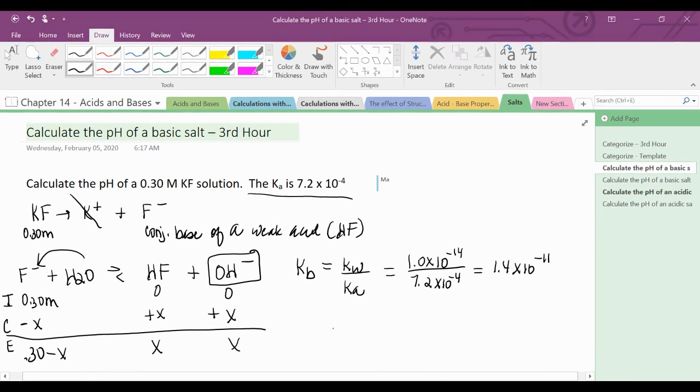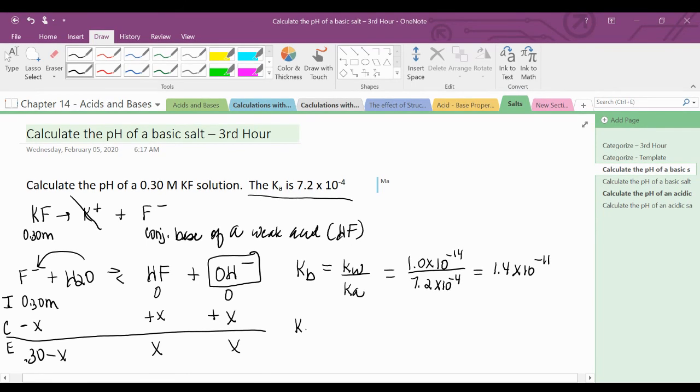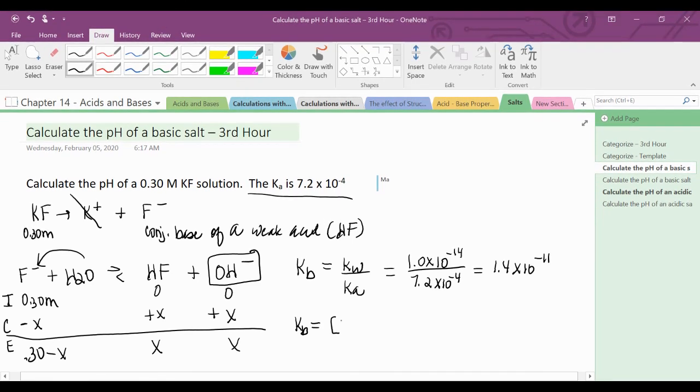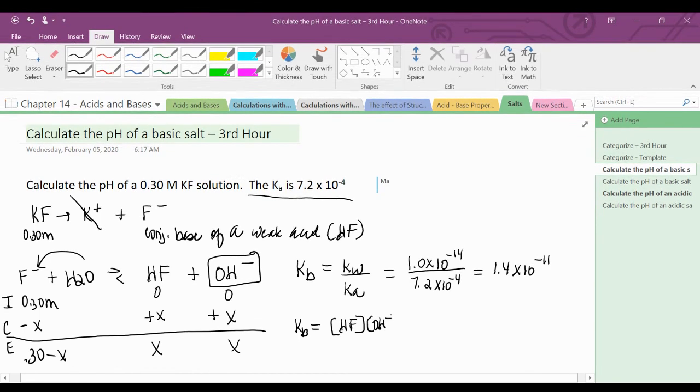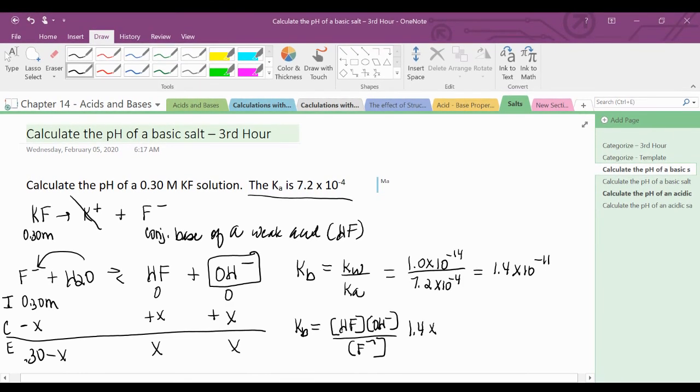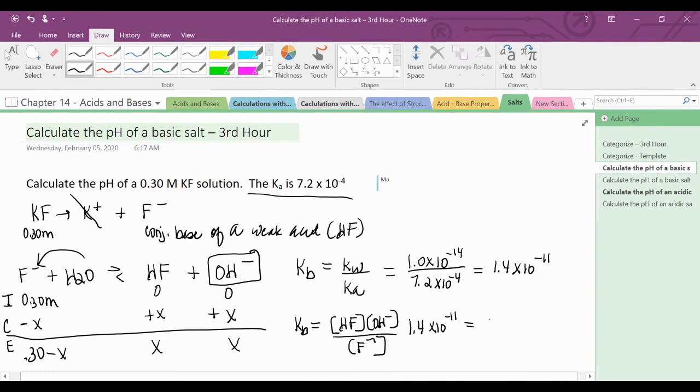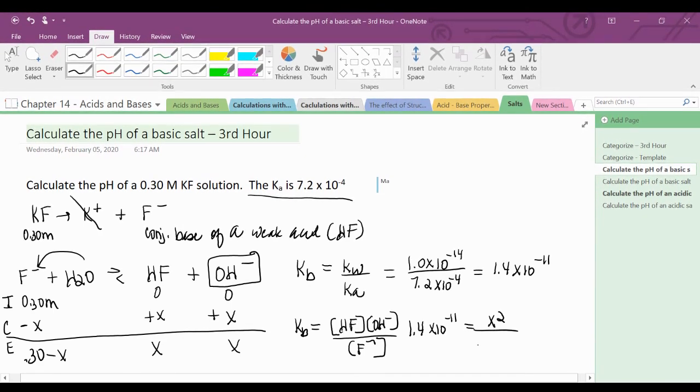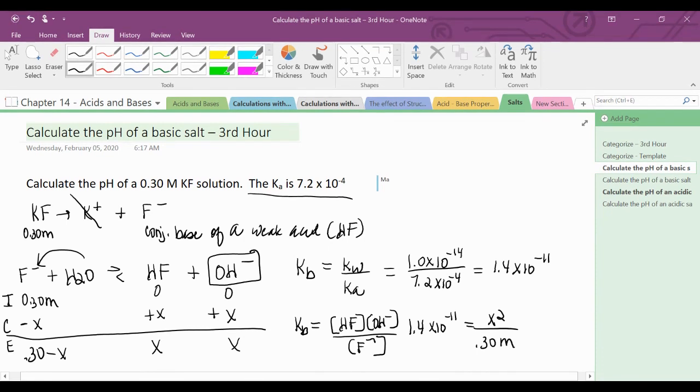All right. So my Kb expression would be HF times OH over the concentration of the fluoride ion. And Kb is small enough where we can use the approximation. So we're going to have x squared on the top and then 0.30 molar on the bottom.